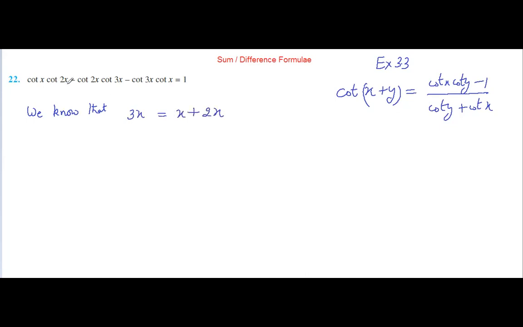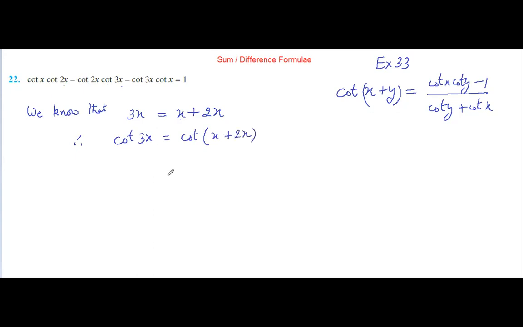There are three kinds of angles, x, 2x and 3x in this expression, and there is a relationship between them. The sum of x and 2x is obviously 3x. So if we take their cots, they will also be equal. Cot of 3x is the same as cot of (x plus 2x).